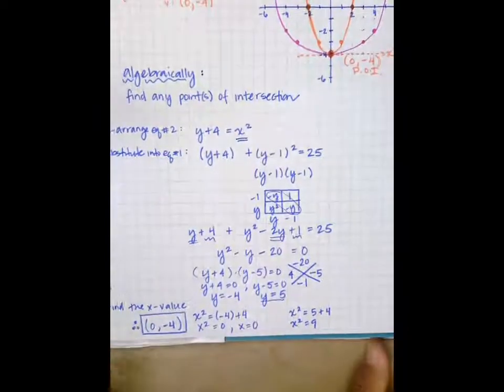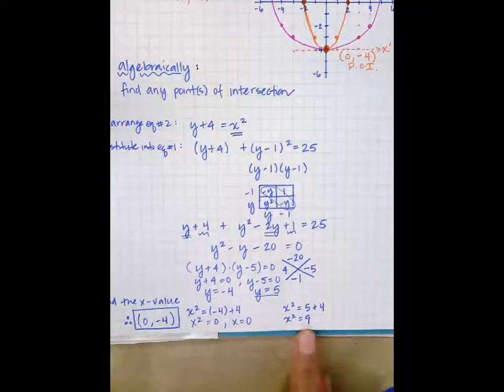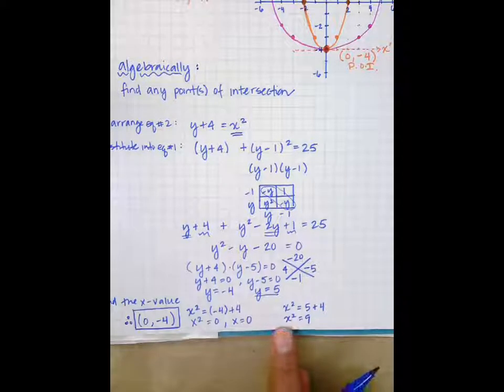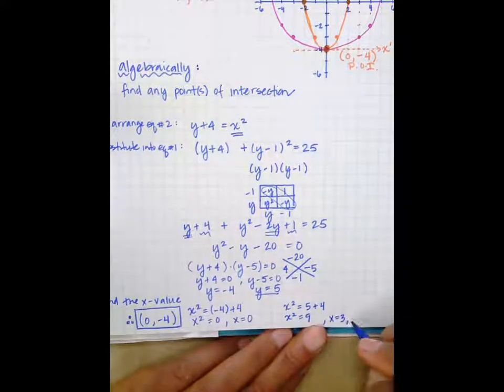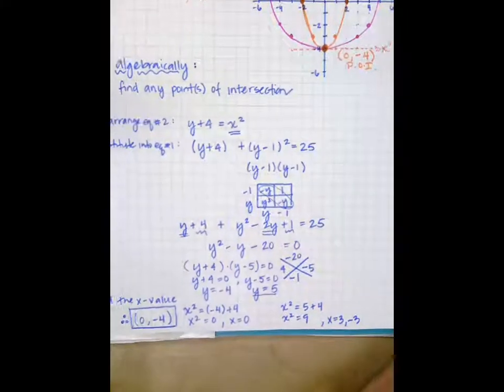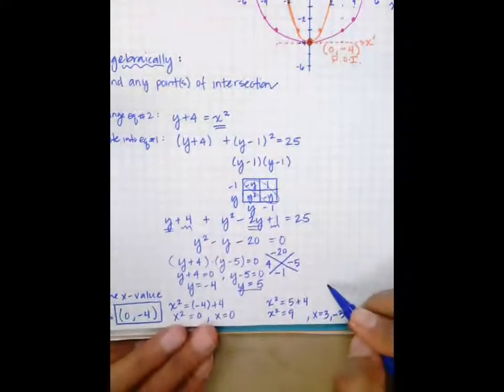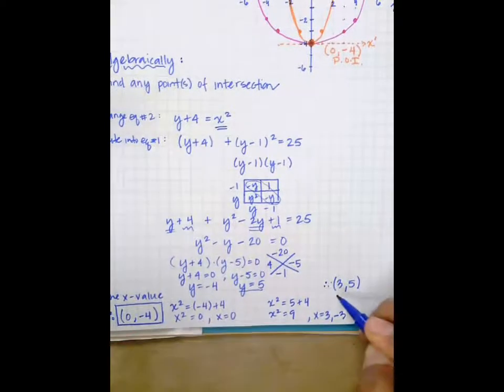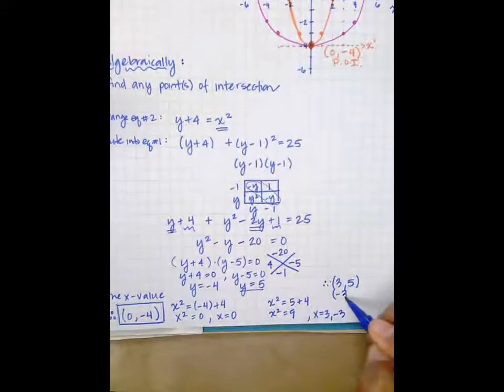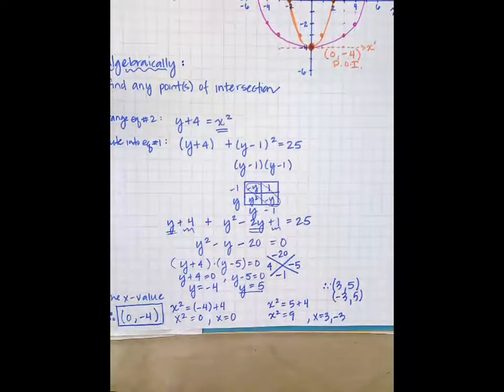If an unknown value squared equals a positive 9, there are two values that make this true: either x equals 3 or negative 3. So there are two x values here. Therefore, either x equals 3, 5, or x equals negative 3, 5. I hope this helps support you in figuring out this extension to our lesson today.